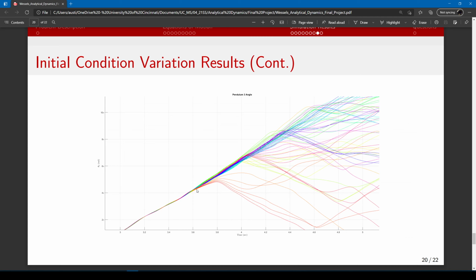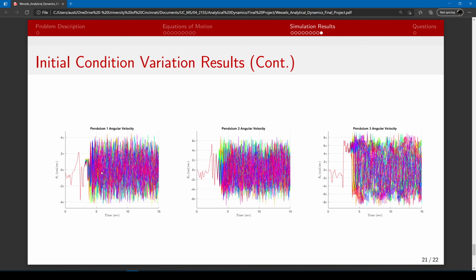They're very close together, and they diverge by multiple rotations, 1, 2, 3, 4, 5 rotations here, separating these pendulums in the span of almost a second. And the velocities are very chaotic. It's hard to make sense of any of these plots.